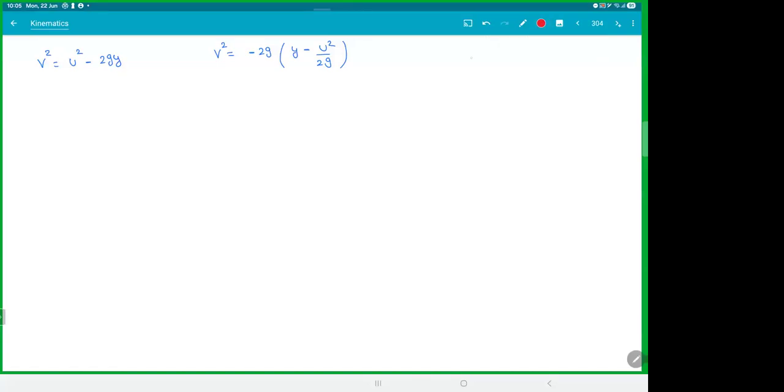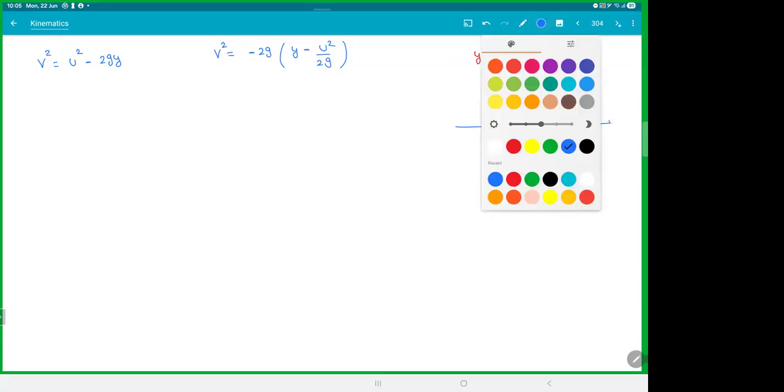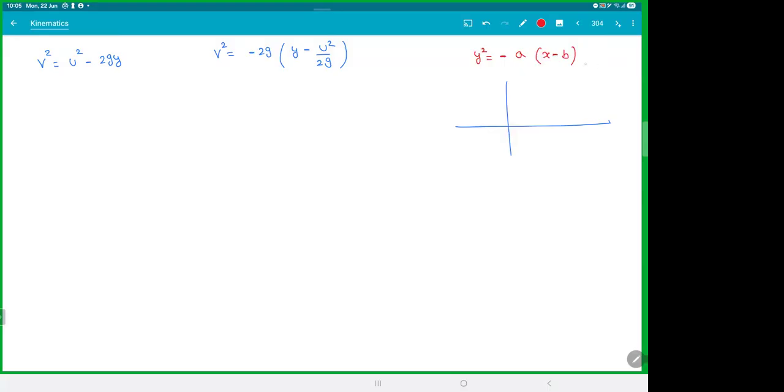So this thing gives you the feeling of y square is equal to minus a x minus some constant. And we clearly know it is a horizontal parabola. A negative sign indicates inverted parabola, and it got shifted by b. So this is the parabola.